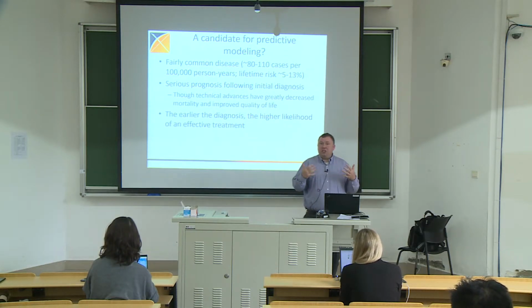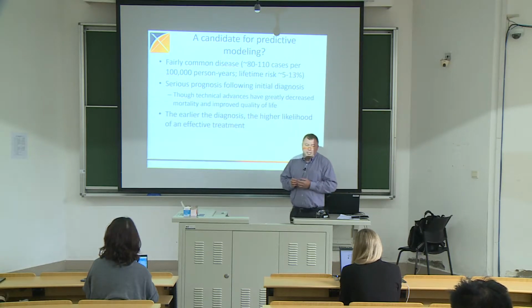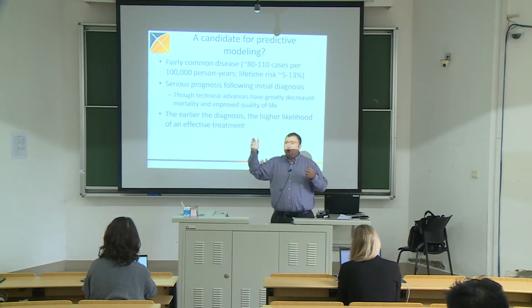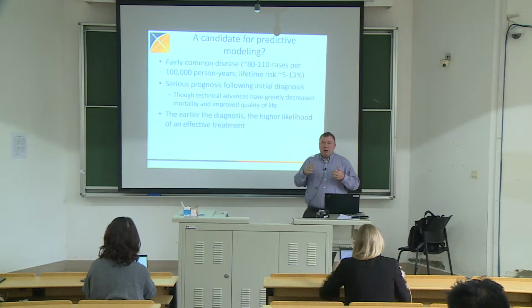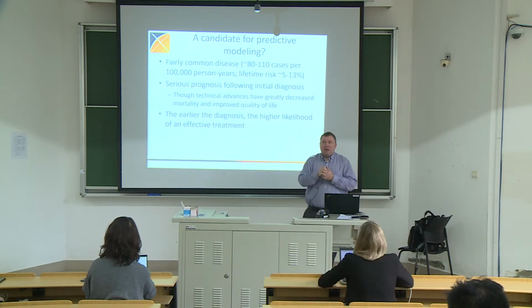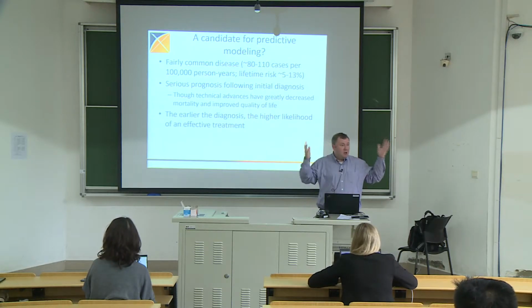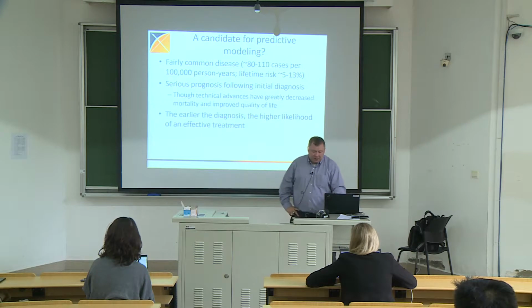So the motivation for doing a prediction study is that if we could predict who is going to develop the disease, we might be able to treat that patient earlier and they might have better outcomes as a result. So that's a hypothetical situation that I want you to think about.